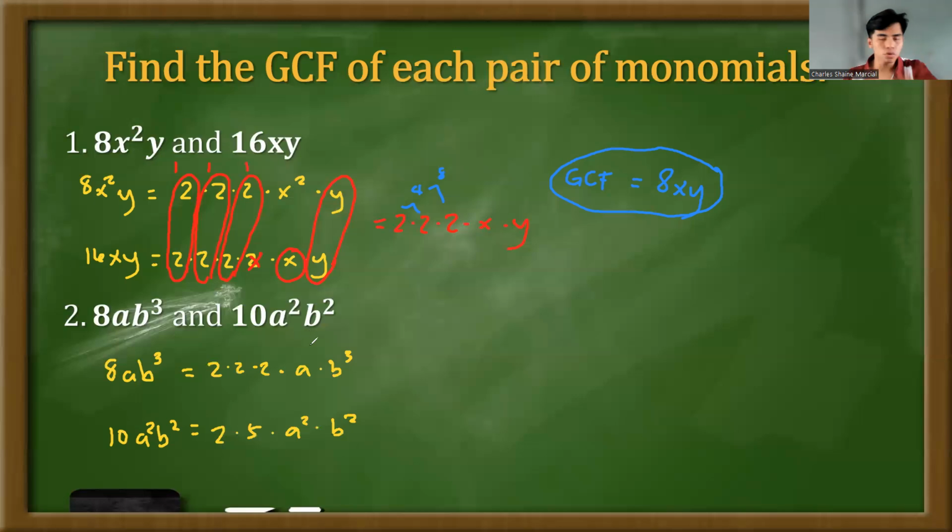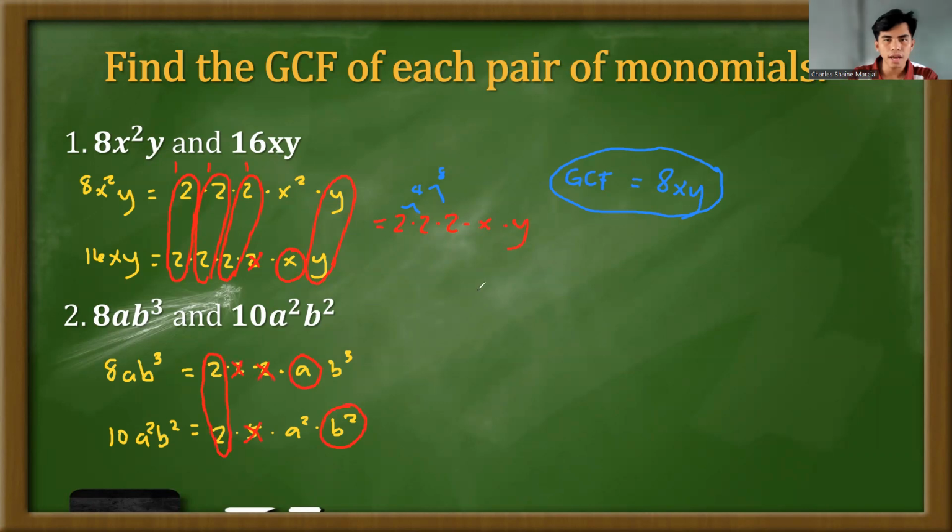Now, kukunin natin yung mga common. Okay, so we have 2. Ayan, ito lang yung common sa kanila. Ito wala nang kaparehas, ito wala din, ito wala rin. Ito naman, kunin natin yung a since siya yung mas mababang exponent. And dito naman sa b, itong b squared.